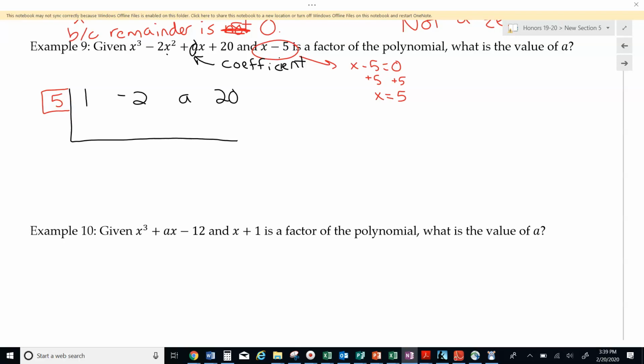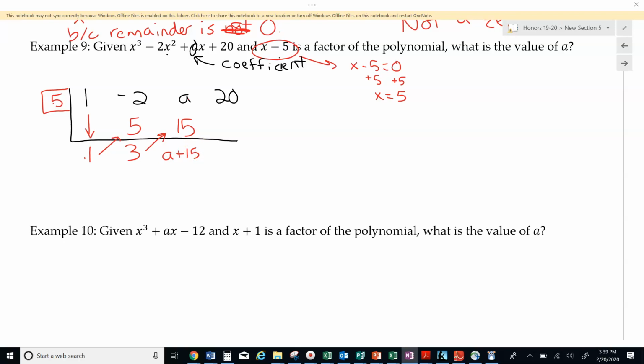Now I'm just going to do my synthetic division like normal. I'm going to bring down my 1. 5 times 1 is 5. -2 plus 5 is 3. Sorry. 3 times 5 is 15. Now here's where it's weird. Now I have A plus 15. Those aren't like terms.